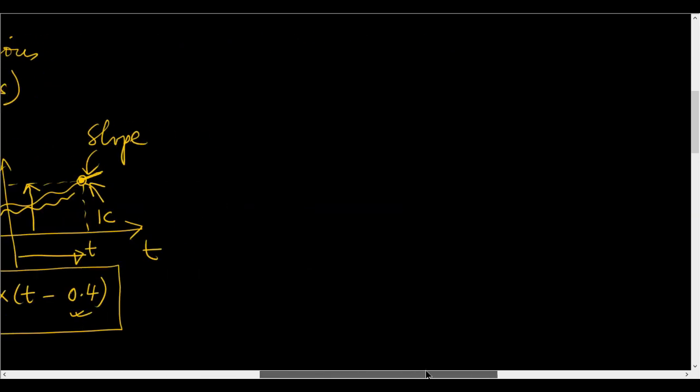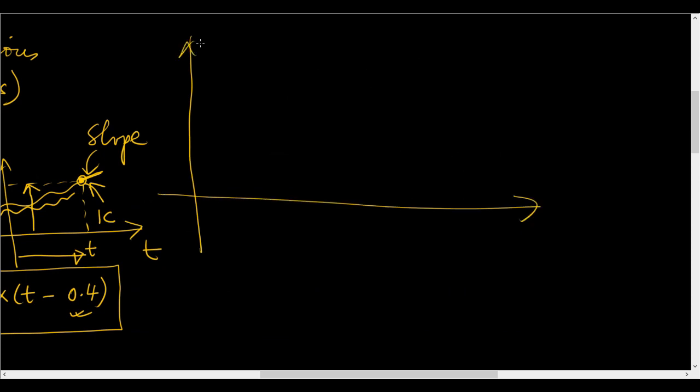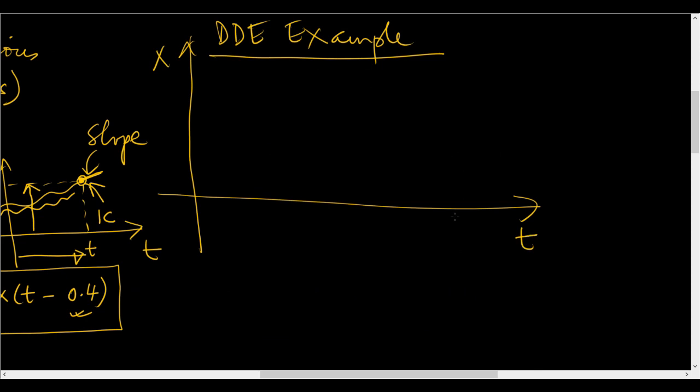This is the DDE example. So what it means is, if this is x and this is t and we've somehow come somewhere, so let's say that's our point of interest t, and let us say this gap is 0.4, right?